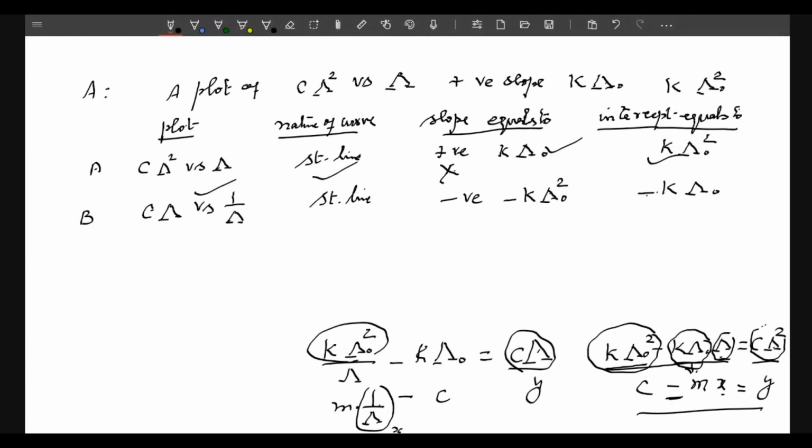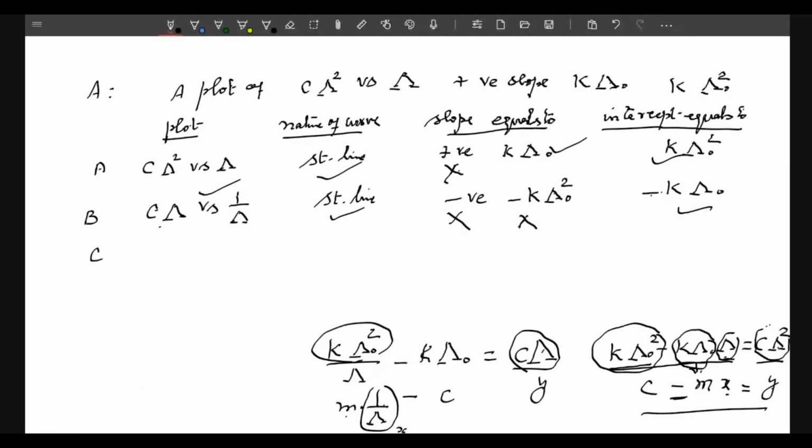Once again, you will get a straight line. Slope is positive, but it is given as negative, equal to K lambda naught square, but it is given minus, so that is wrong. And the intercept, minus K lambda naught, is correct, but these two are wrong. Therefore, B is not correct.